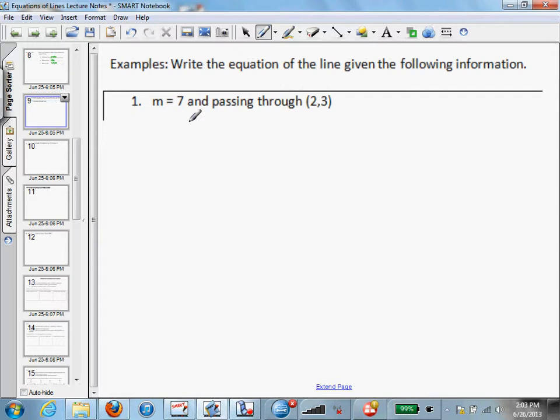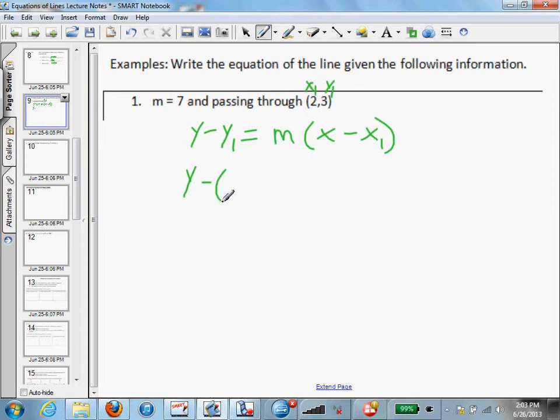With our formula, we had y minus y1 equals m times the quantity x minus x1. We do not mess with the y's and x's, we only mess with y1s and x1s. So y minus, this is y1, this is x1.